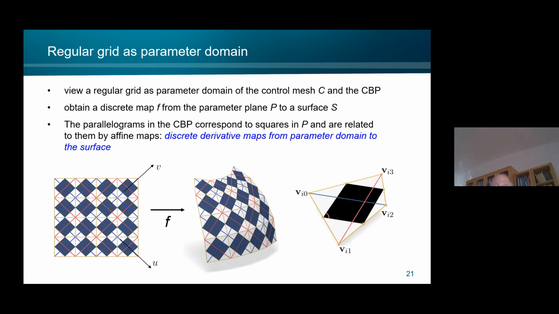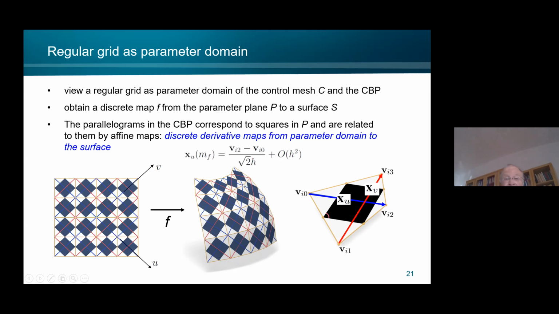You could also say the following: if we pick a face in this control mesh, in this quad mesh, then the diagonal vectors, this and the other one, can be seen as the partial derivative vectors with respect to u and v.